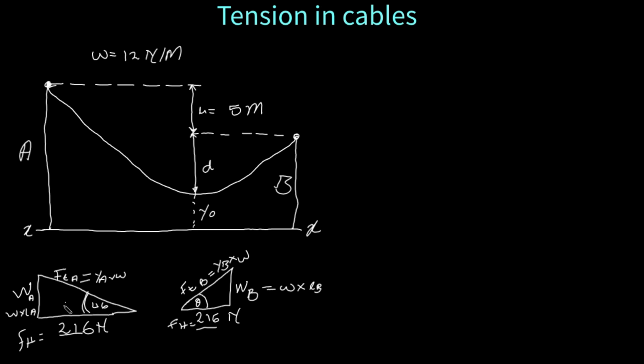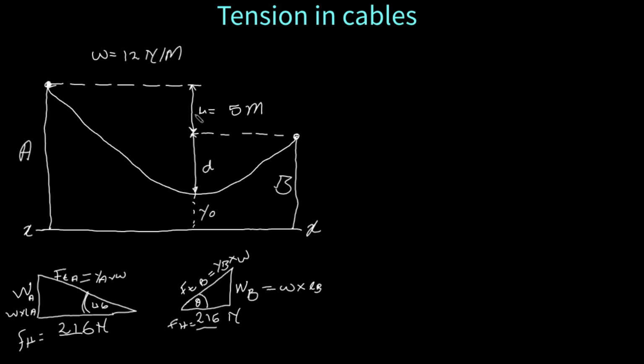Therefore, it is very important to have a diagram of this side and the diagram of this side. We were told about a slope. They said it's the maximum slope of the cable, which is 46 degrees. It is going to be on the side where we have the highest support.